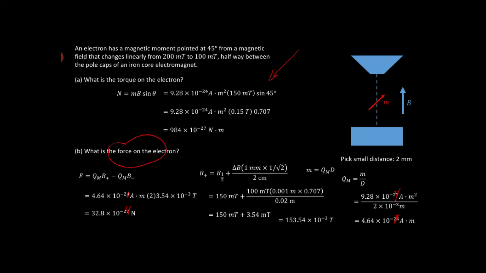But anyways, the torque is fairly straightforward, and for the force I introduced this equation because it's the only way you can really, in general, figure out what the force from a field is on a magnetic moment in this course. Now, there's a way to do it with calculus that's really, really slick.